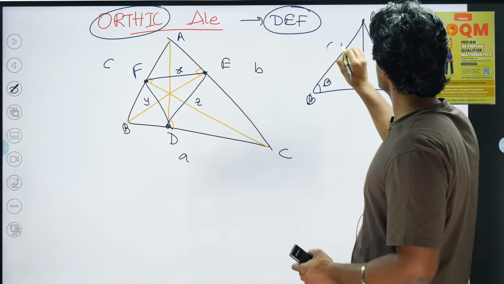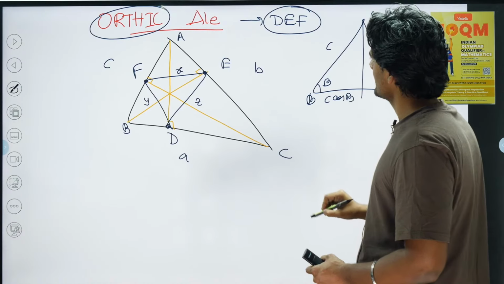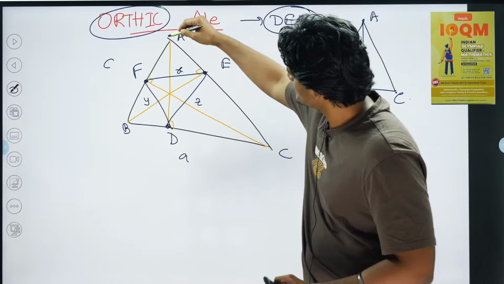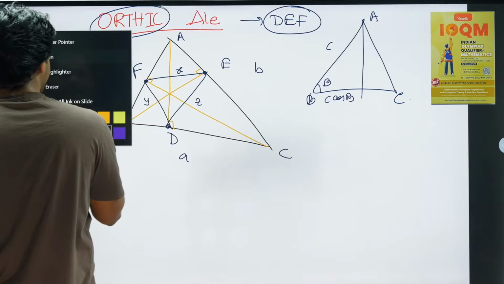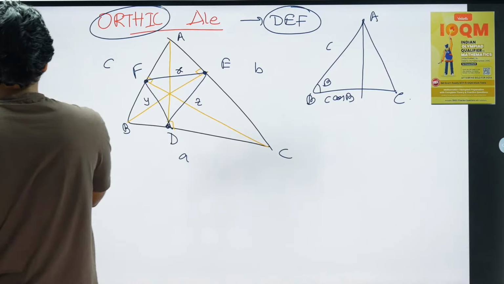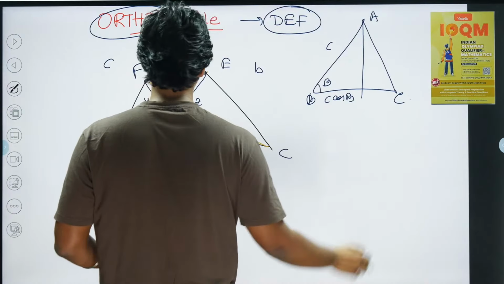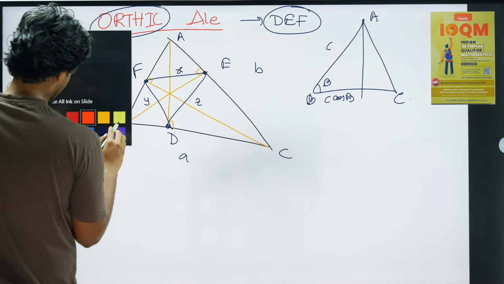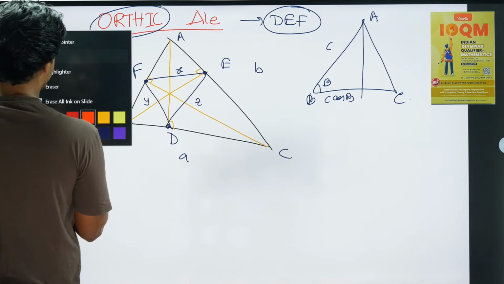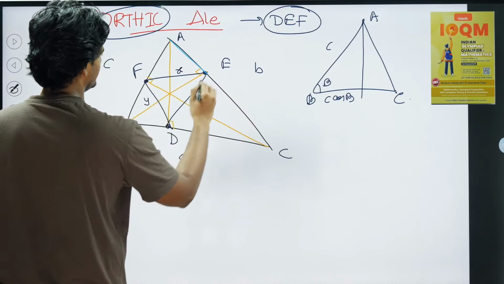This is B, this is C, so this is c cos B. So what would this length be?